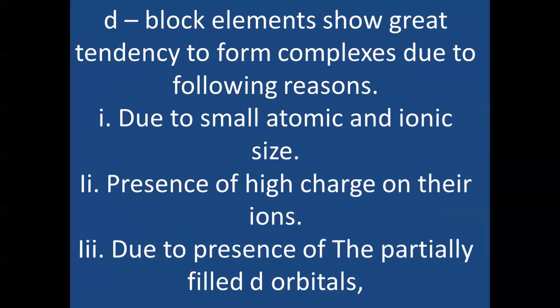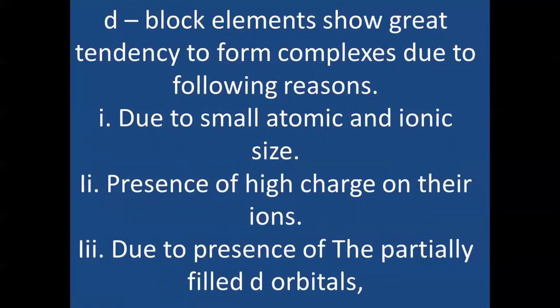D block elements show greater tendency to form complexes due to the following reasons. What are those reasons? First, due to small atomic size and ionic size. We know that in d block elements, electrons enter into the penultimate shell.